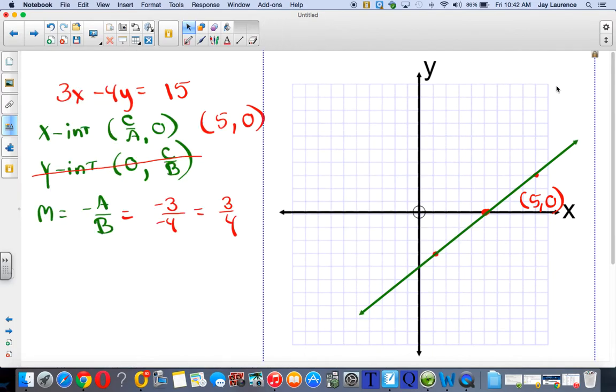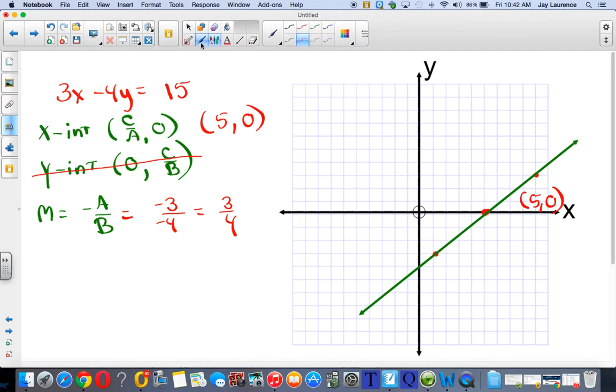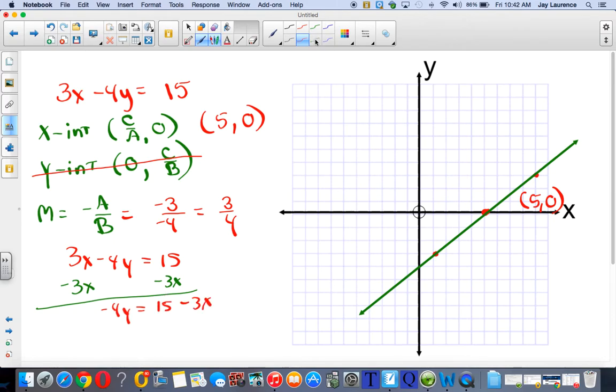That's pretty simple. Okay, remember you should be able to check on the graphing calculator, but you have to go to slope-intercept form. So if I have 3x minus 4y equals 15, to get to slope-intercept form, I will subtract 3x from both sides, and then I will get negative 4y equals 15 minus 3x, and then I'll divide everything by negative 4.